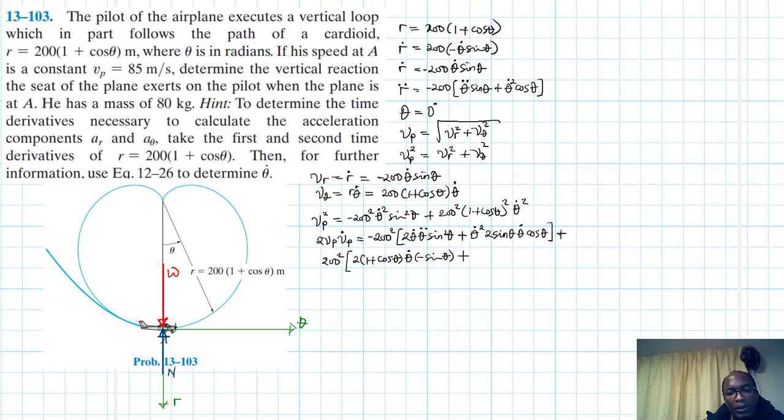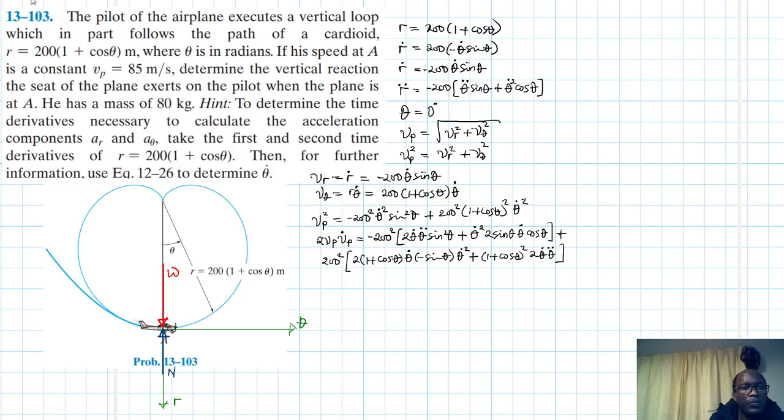This one is constant, then plus this one becomes constant. Then this one just becomes 2 theta dot theta double dot like so.